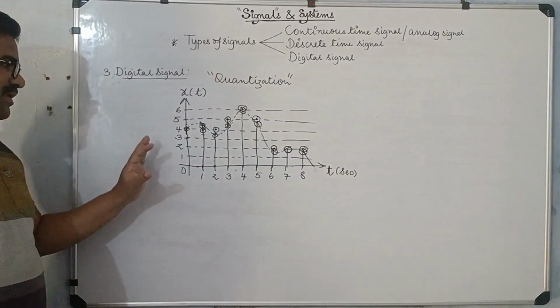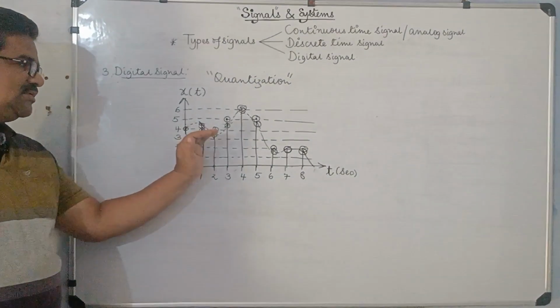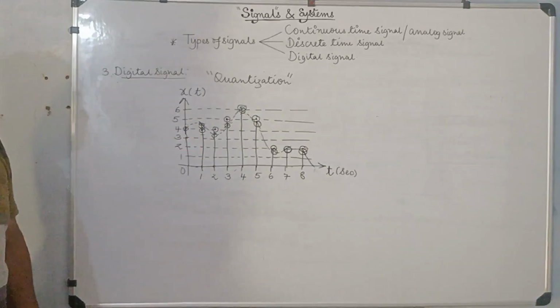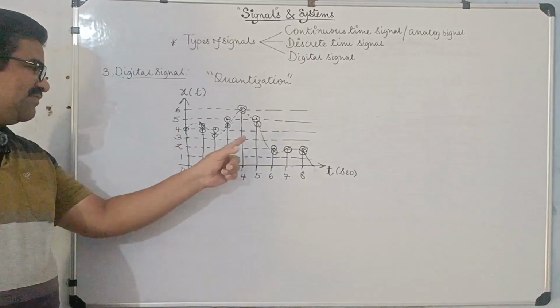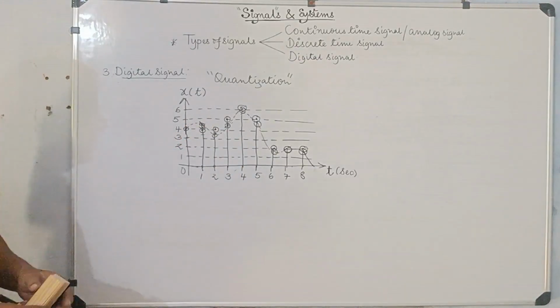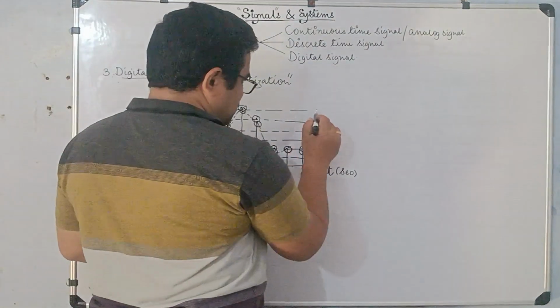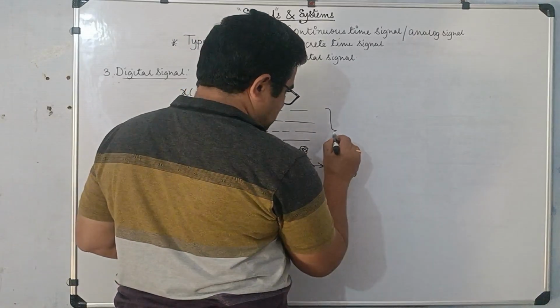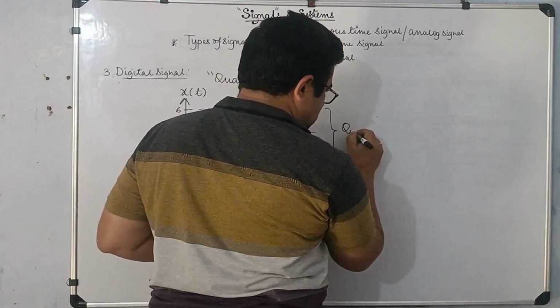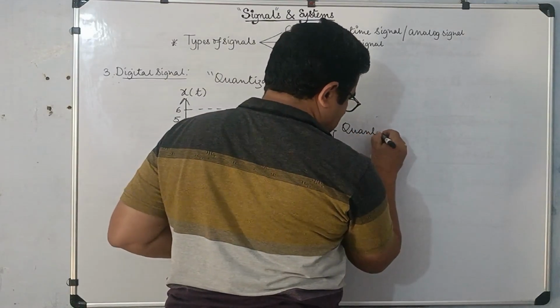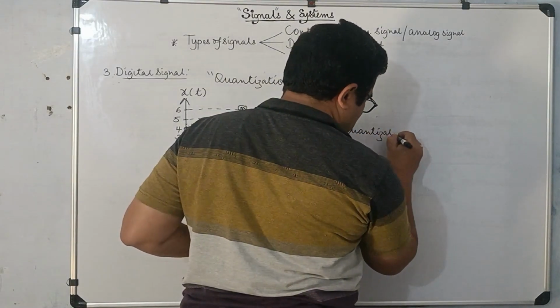Rounding off the amplitude of the signal to the nearest discrete amplitude. These discrete set of amplitudes are known as quantization levels. All these dashed lines which I have drawn here are known as quantization levels.